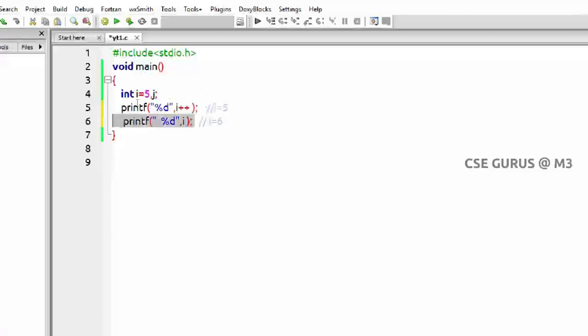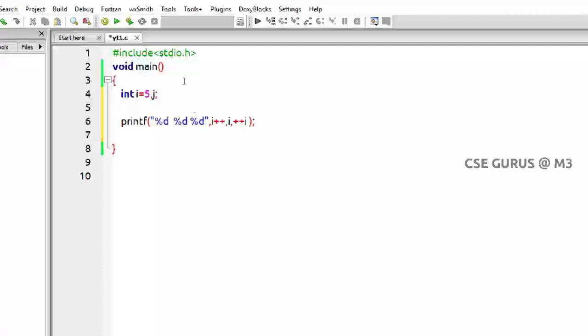Now the next part, what is the output of this one? Some interesting thing. Of course, the behavior will be different in different compilers. Turbo C will be different, Code::Blocks is somewhat different, and an online compiler will be different. But we'll see how it will be executed.